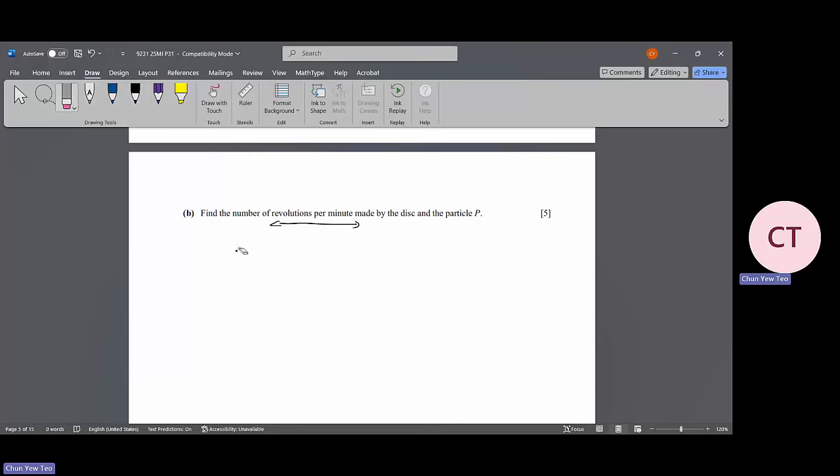Maybe I draw a diagram just to show. This is your alpha. First of all, sine alpha is 3 over 5 from the right angle triangle here. You have a 3, you have a 5, then you get a 4 here.